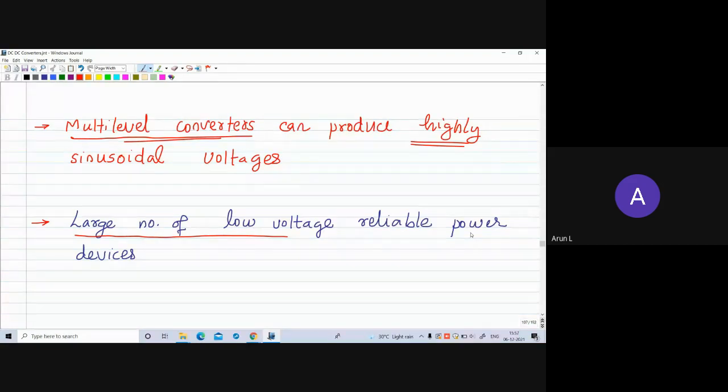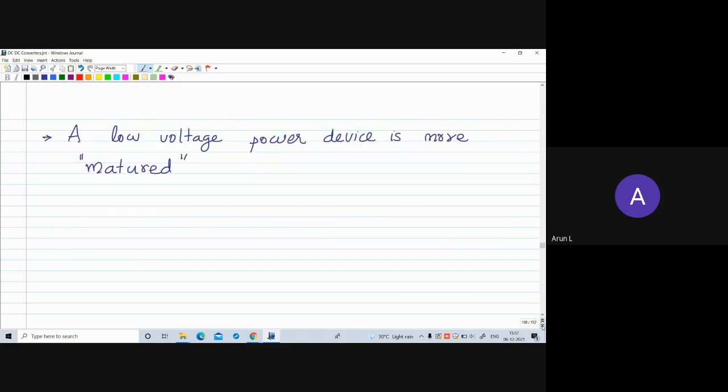Later, through research and development, high voltage devices will come up. So we have a lot of expertise and experience with low voltage devices. People prefer to use many low voltage switches in combination since their operation is better understood and the gate drive circuits for low voltage devices are already well designed. So that is another attraction for using multi-level converters.